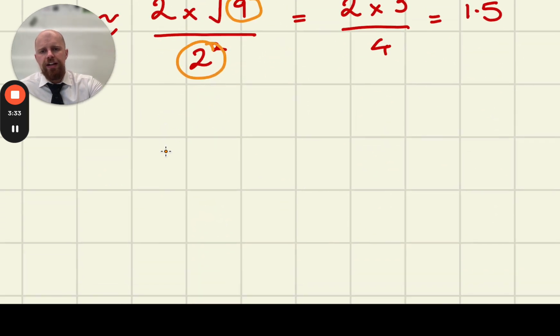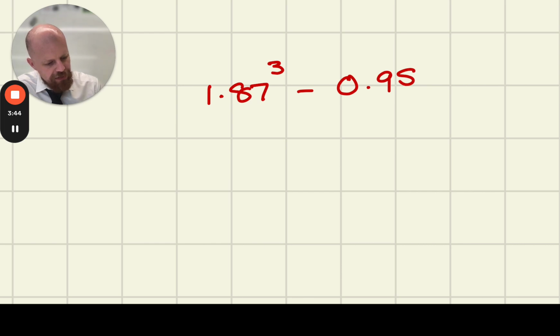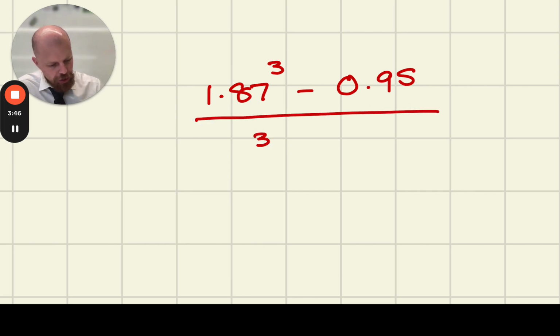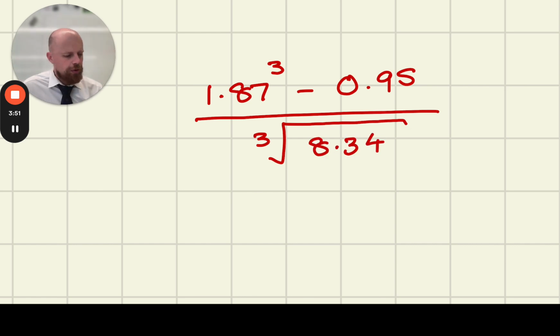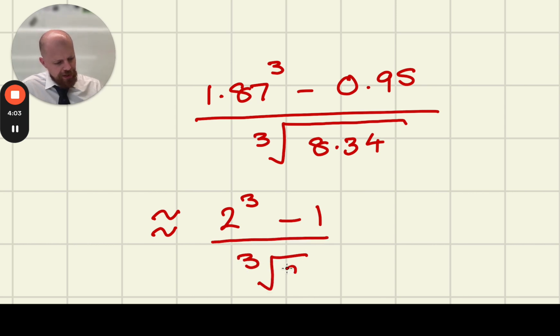Let's do one final example. 1.87 cubed minus 0.95 divided by the cube root of 8.34. 1.87 cubed, we can't do very much with that, but we can change that to be 2 cubed minus 1, and then we can take the cube root of 8.